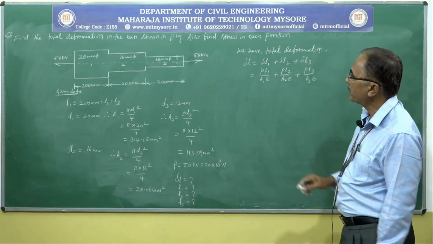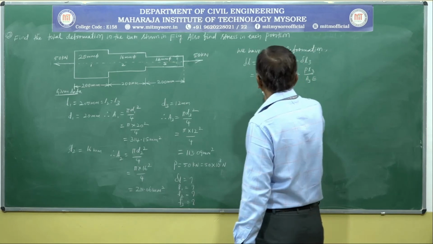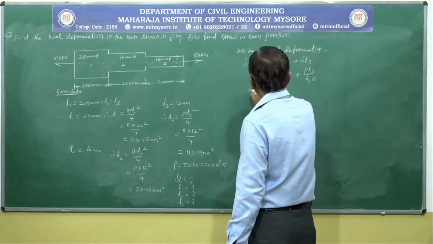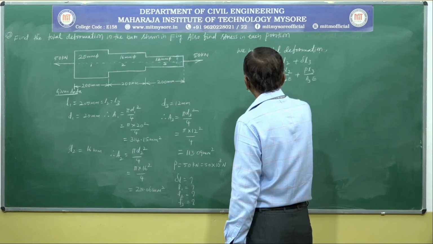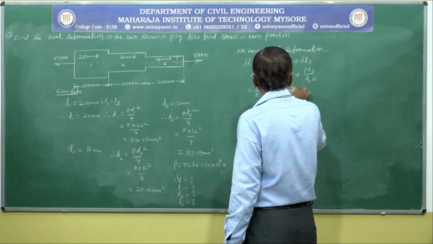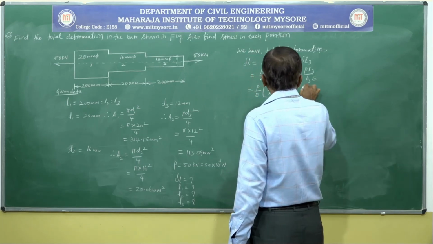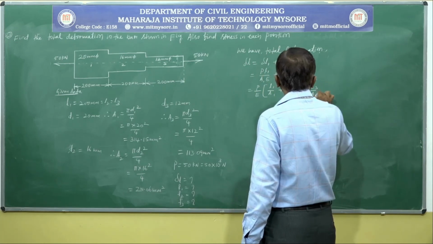Let us assume that the bar of varying cross section is made of the same material, hence Young's modulus will be the same. Take the applied load and Young's modulus as common factors: P by E into L1 by A1 plus L2 by A2 plus L3 by A3.